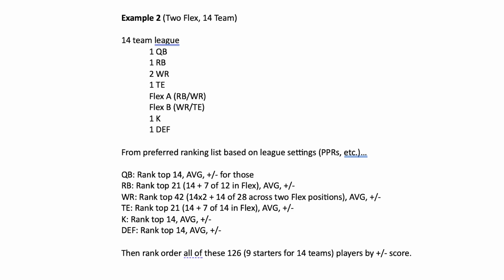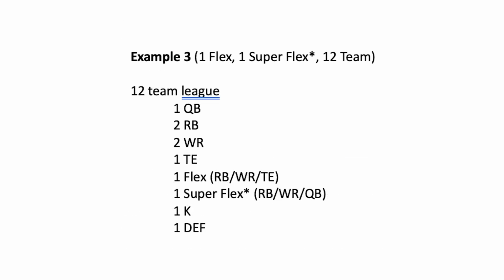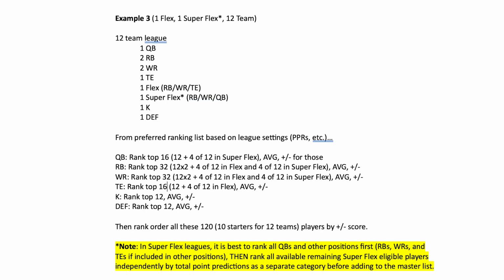And then lastly, an example of a 1 flex in addition to a super flex for a 12-team league. So you can think about, if you want to pause and think about what that would look like, kind of running the numbers. And then you can read the note here at the end. I kind of explain again that the flex, or really the super flex or the flex, should be added and really done afterwards.